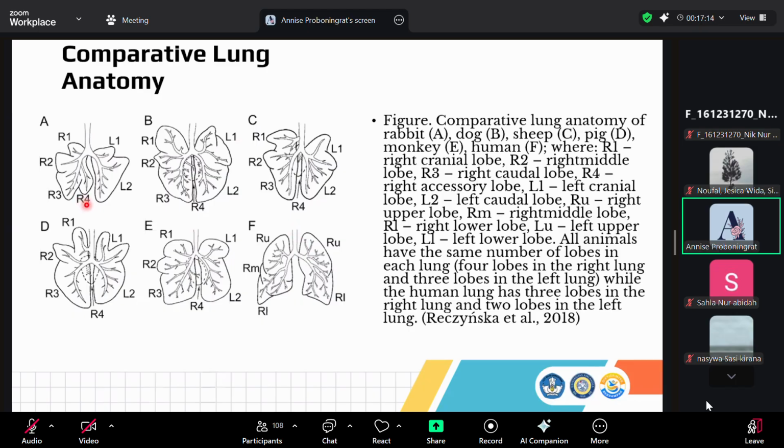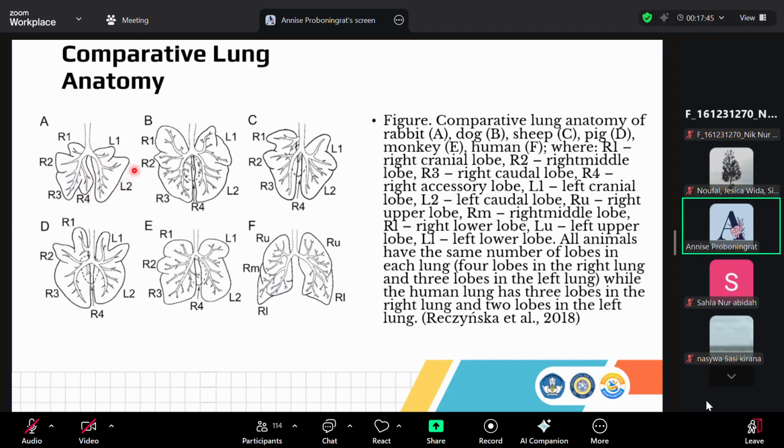In animals, the right lobes usually have 3 up to 4 lobes: the upper cranial lobe, the right middle lobe, the right lower lobe, and also the accessory lobe.